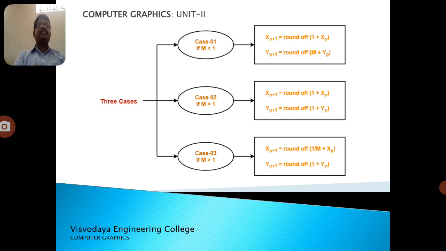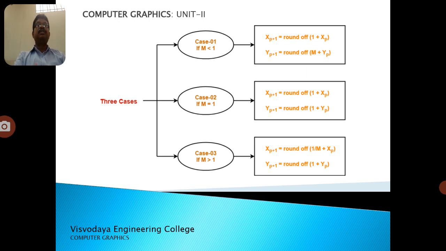Here xk plus 1 or xp plus 1 is the general notation; sometimes we use xn, xp or xk. The plus 1 means the next coordinate, so that you can understand this particular case one. If m is less than 1, xp plus 1 equals round of 1 plus xp, and yp plus 1 equals round of m plus yp. So this is the first condition.